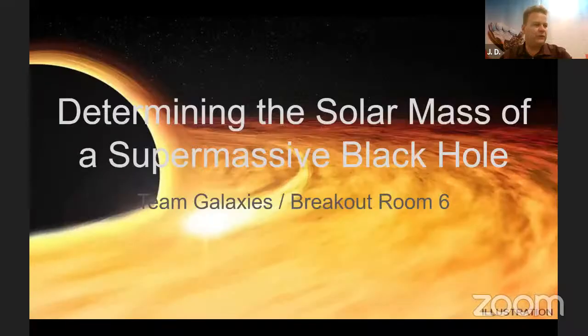And they've been working with Anna Payne, who's a graduate student over at UH Manoa. Anna has helped a number of students working at the High Star program, including Annika. And Quinton and Thomas's project is determining the solar mass of a supermassive black hole. So they're going to be telling you how you measure these supermassive black holes at the center of galaxies. And I will start sharing the presentation here and turn the time over to Quinton and Tag.